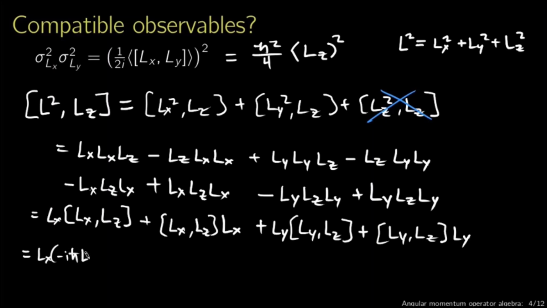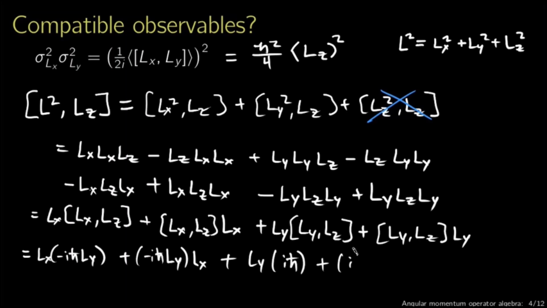Minus i h bar Ly. What I get for this commutator is the same. It's going to be minus i h bar Ly Lx plus, over here I've got Ly on the left, and these commutators are in alphabetical order, so I'm just getting positive i h bar, plus i h bar Ly.